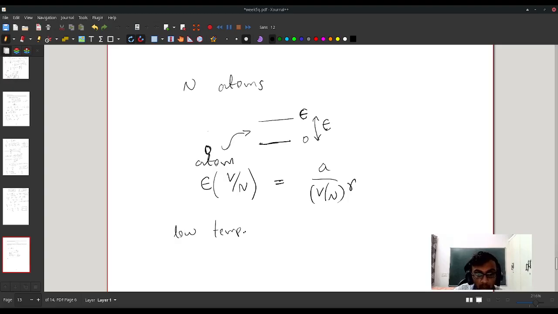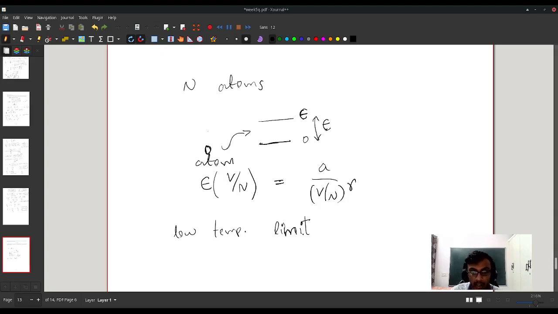In the Einstein model we would have infinitely many equally spaced levels for each atom.